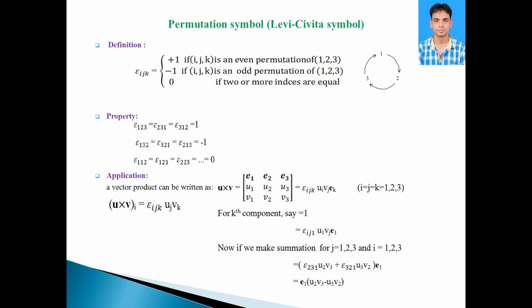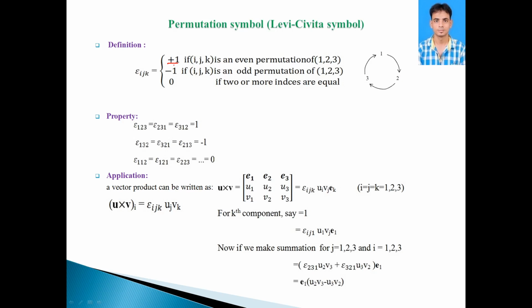or it is also known as the Levi-Civita symbol, and this symbol is defined as epsilon ijk, and this epsilon ijk is equal to 1 if ijk is an even permutation.